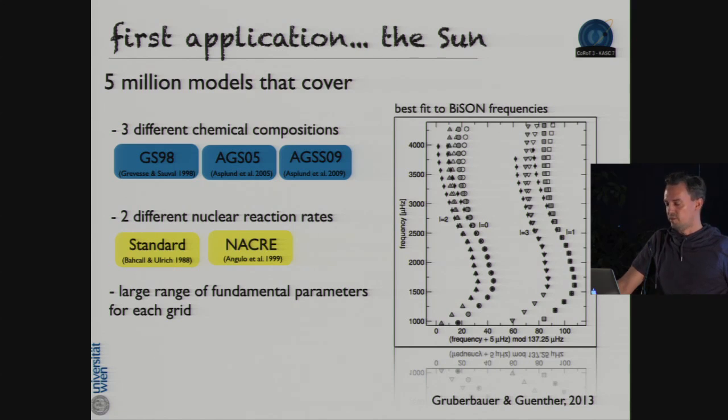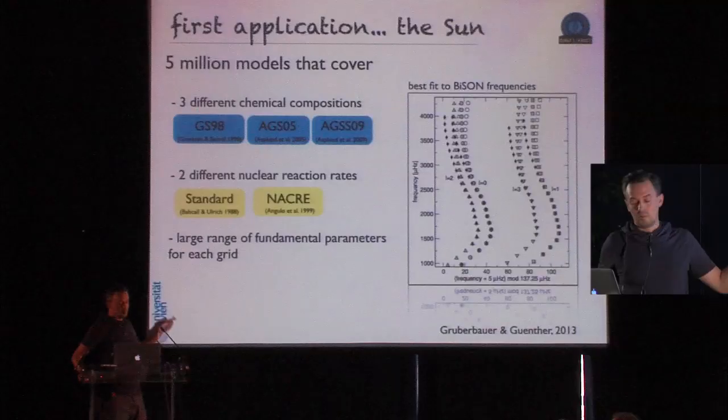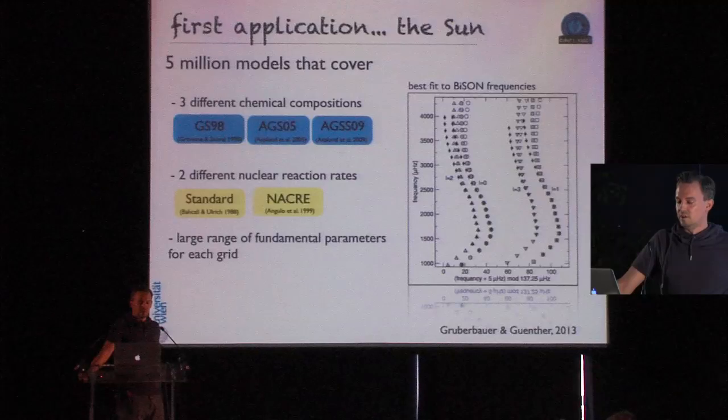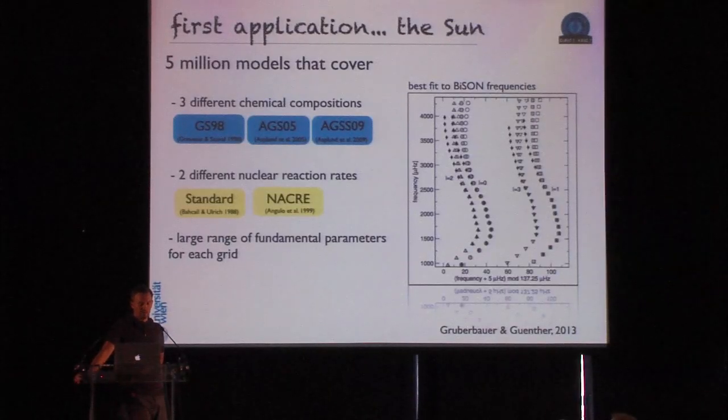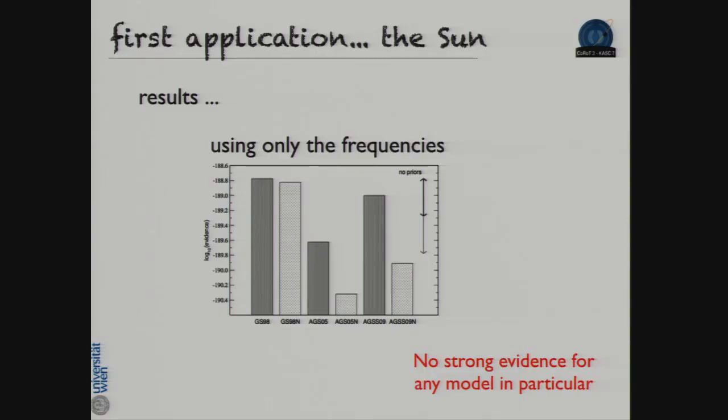So Michael Grubauer and David Gunter tried to get a hint on that, and they used this developed method, computed a whole bunch of models, 5 million models, using 3 different sets of abundances and also 2 sets of nuclear reaction rates, so actual different input physics, and compared these models to Bayesian frequencies of the sun. The results were, well, not that clear.